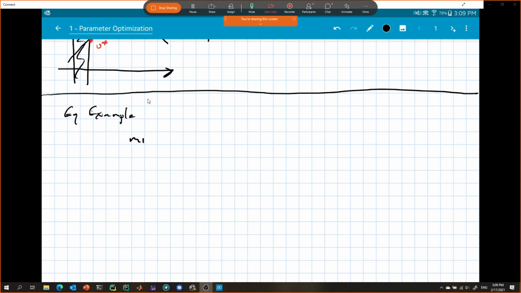So, going back. We minimize J equal to, and this is what we showed before, u squared plus u squared, subject to f of x, u equals x plus mu minus c equals 0.